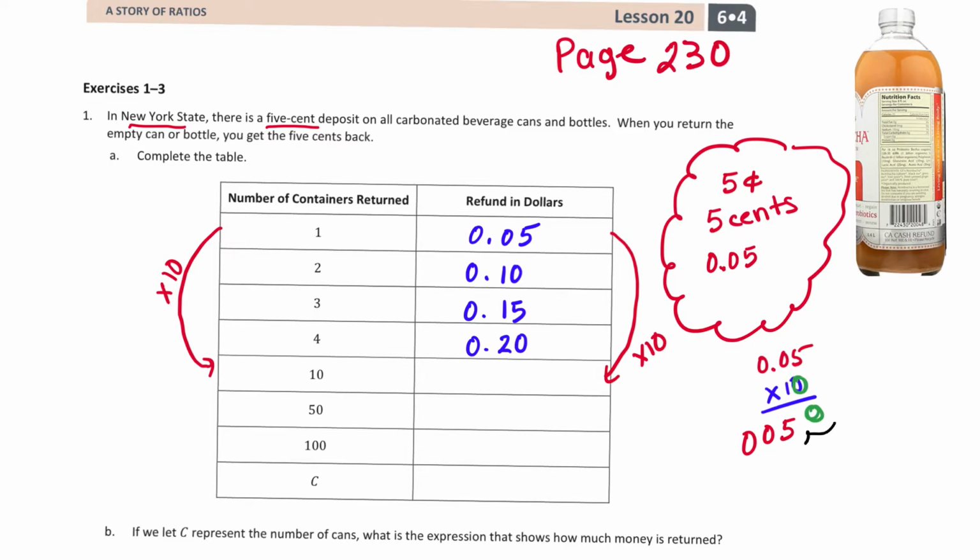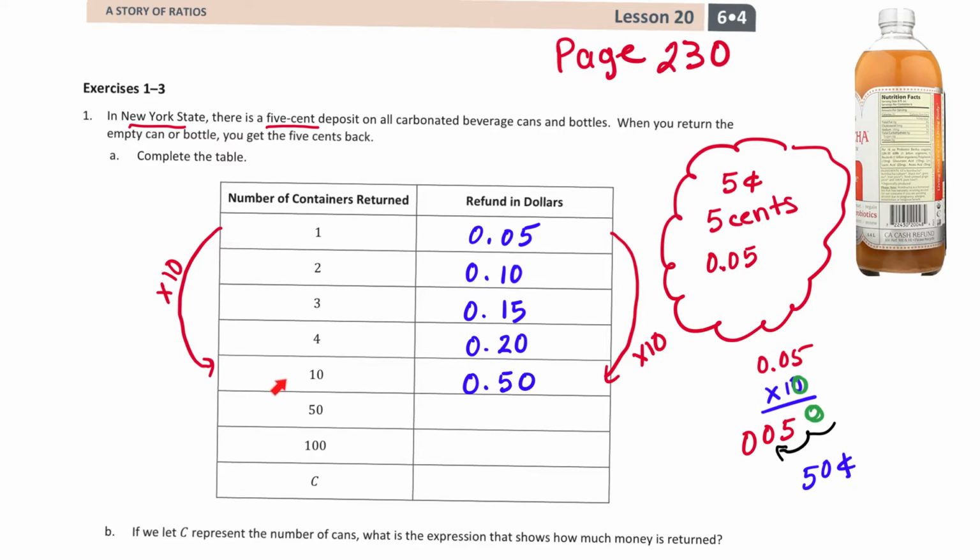The decimal becomes very important. So that gives me 0.50, equal to 50 cents. Which makes sense, right? If you think 4 bottles is 20 cents, add 1 more, that gives you 25 cents. 5 and 5 gives you 10. Oh, makes sense. Making sure that you put the decimal in the right place.